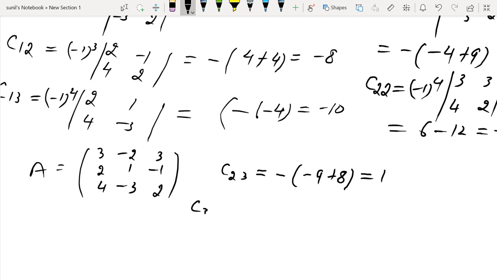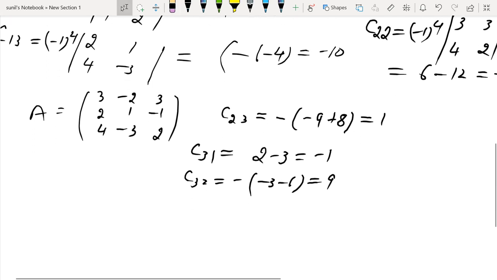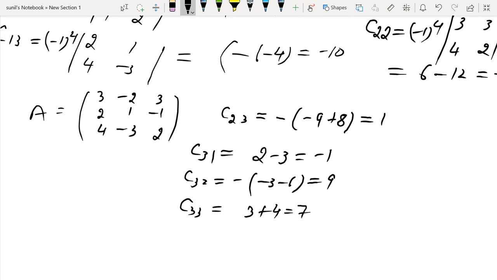Then C31, third row first column, that is minus 1. Then C32, minus times of third row second column, minus 9, that is plus 9. Then C33, third row third column, that is 7. Now all the cofactors are calculated.